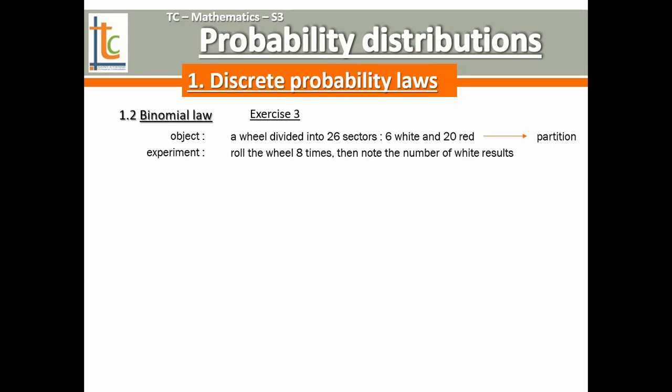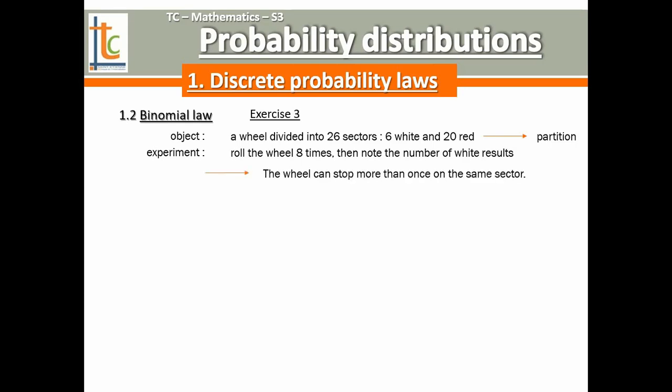So you have a few chances to get a white sector each time you roll the wheel. There is a probability each time of 6 over 26. So the number of white results after 8 times won't be very big. It could be 1, 2, or 3 maybe white sectors in total.